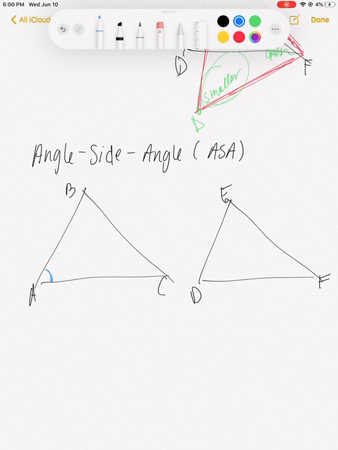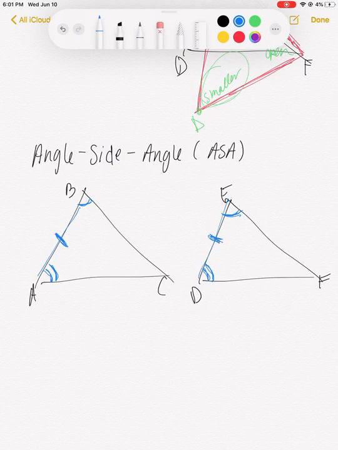So A has to stay the same as D. Notice that I have side AB to DE. That has to stay the same, and angle B has to stay the same as angle E. That is two angles and their included side. So that's why I have to use this side.